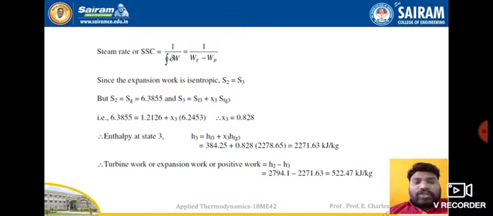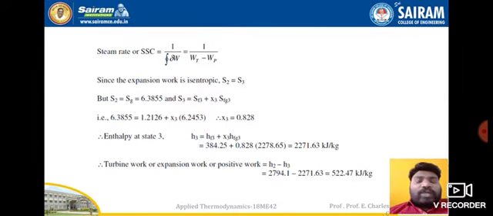So we take these values, and in that we get the X3 value. X3 is equal to 0.828. That means 82% of the steam is vapor, not 100%. If it is 100%, the steam is dry saturated. Now it is 82% dry, which means the remaining portion will be wet. That is what the dryness fraction indicates.